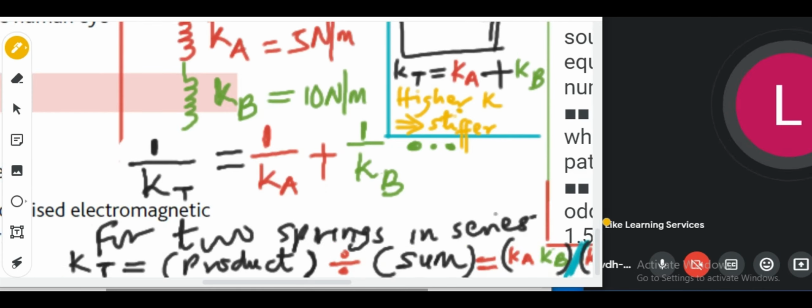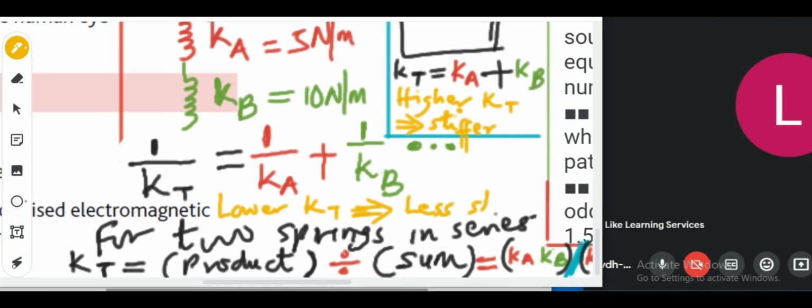But here the spring constant is less, so it's going to be less stiff. So this one is lower K total, which implies less stiff. That's for series. Lower K total for series will be less stiff when in series.